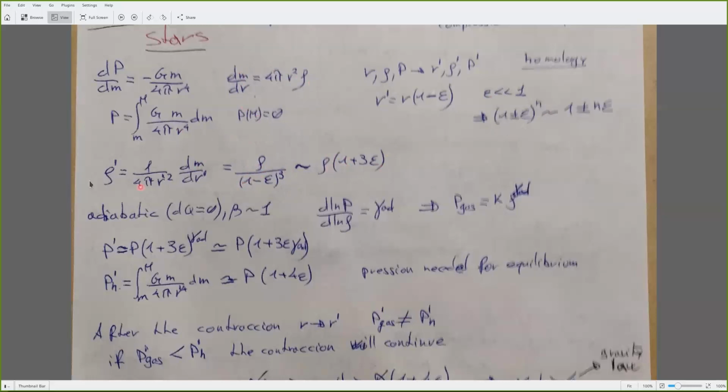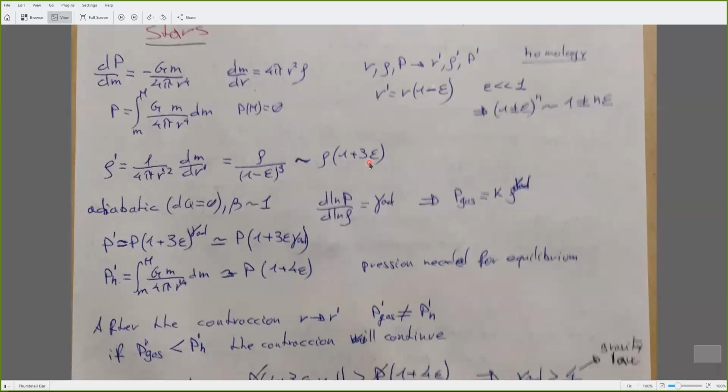So as the new radius is proportional to the initial value, the new density is also proportional to the initial value, by a function of epsilon.